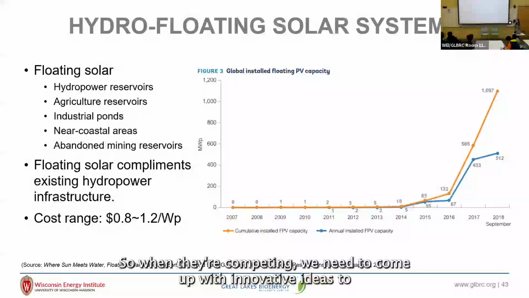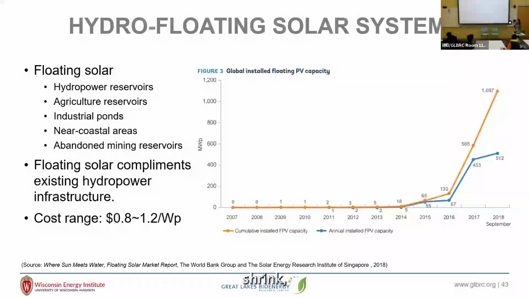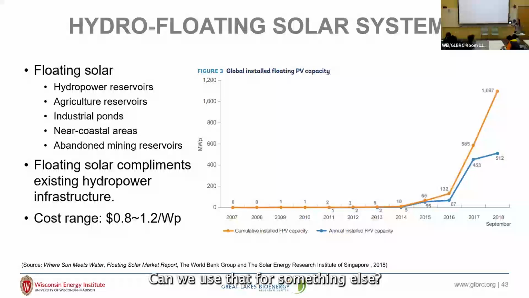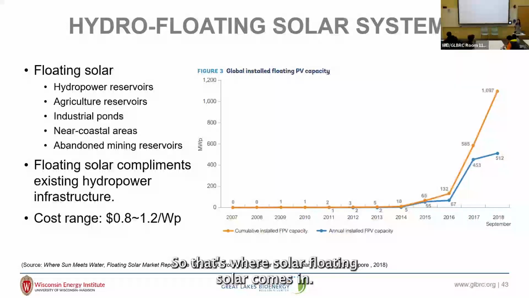So when they're competing, we need to come up with innovative ideas to reduce the amount of land or water we use. So think about the reservoirs we have, all this surface of water. Can we use that for something else in addition to just the water storage and energy? So that's where floating solar comes in.